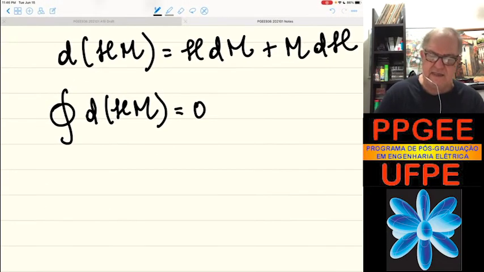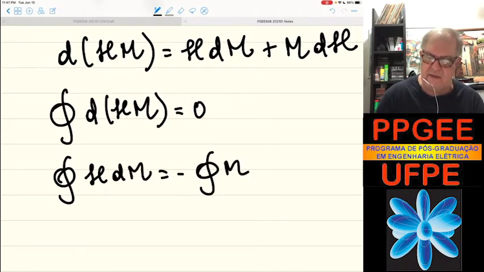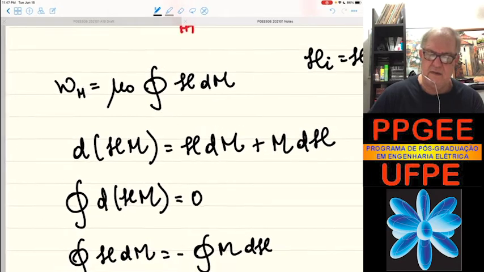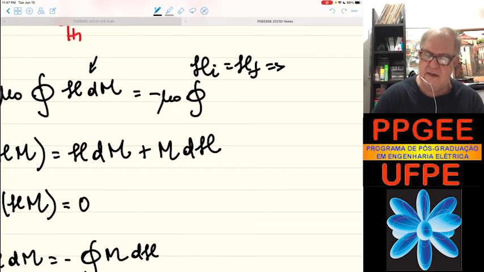So it means that the integral of h dm equals minus the integral of m dh. So what we have, the energy, is minus mu 0 times the closed integral of m dh. That's what we want to calculate.